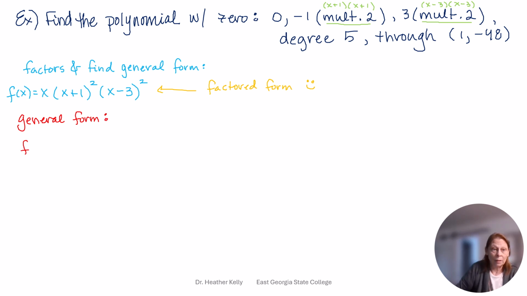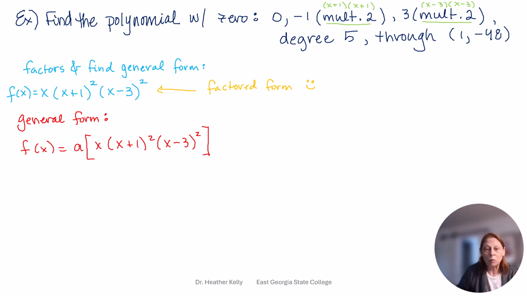This is going to be f of x is equal to a times (x plus 1) squared times (x minus 3) squared. And now what we want to do is use the point and solve for a.